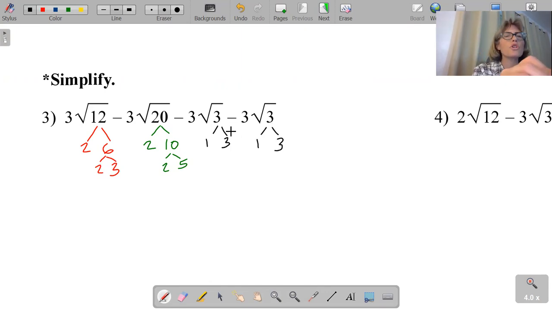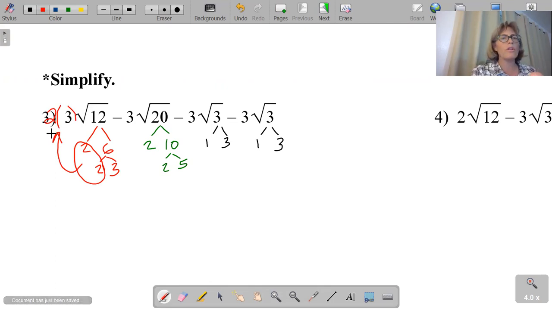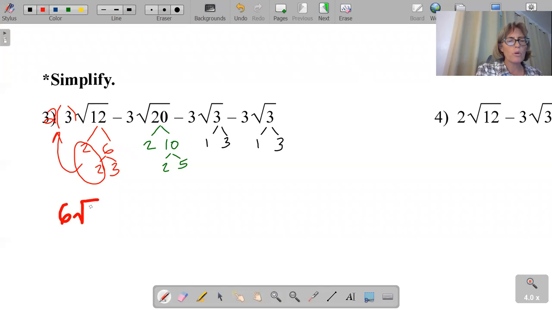Take a look here at this first one, and we have a pair of 2's, which means they're going to be simplified out of the radical, and you multiply on the outside, so that's going to end up being 6 root 3.